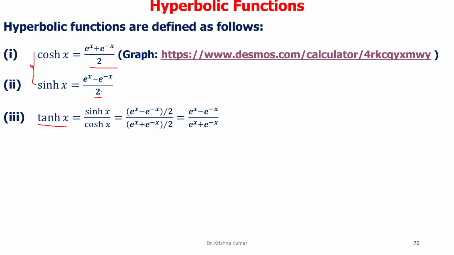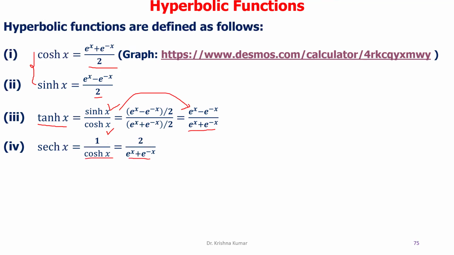It is nothing but sine hyperbolic x divided by cos hyperbolic x, which gives us e to the power x minus e to the power minus x upon e to the power x plus e to the power minus x. Similarly, sec hyperbolic x is 1 upon cosine hyperbolic x, which gives us 2 upon e to the power x plus e to the power minus x.